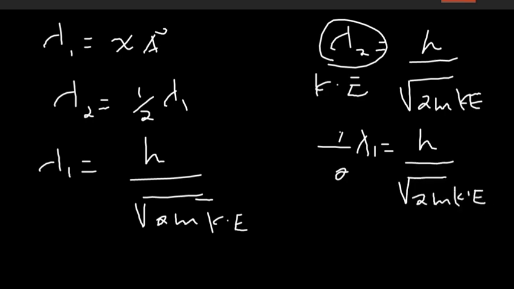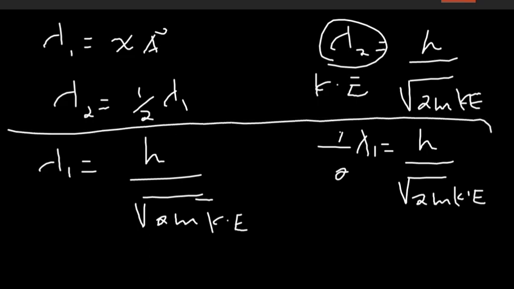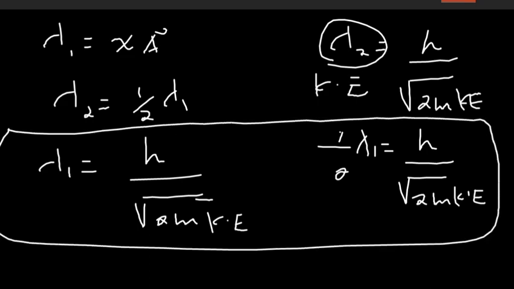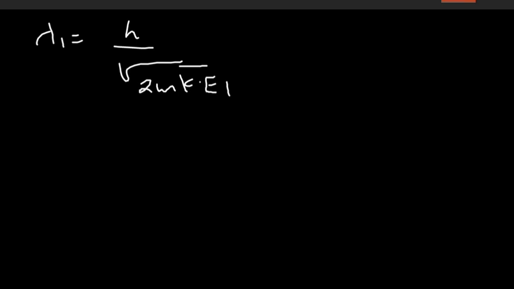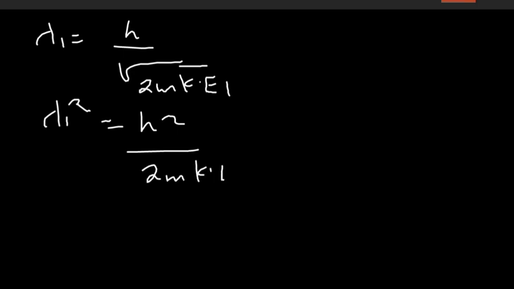Wavelength 1 is equal to h over square root of 2m kinetic energy 1. Squaring both sides, wavelength 1 squared is equal to h squared over 2m kinetic energy 1.